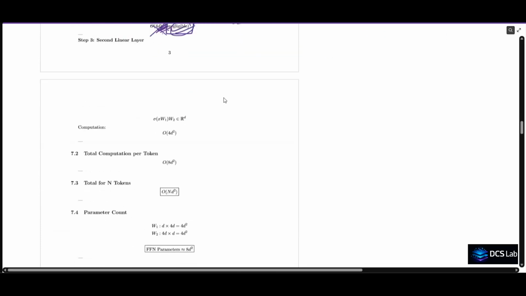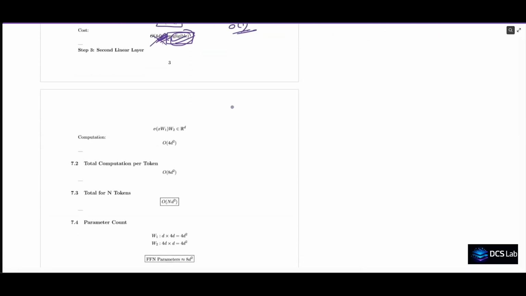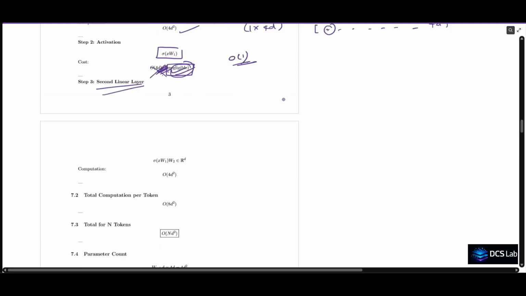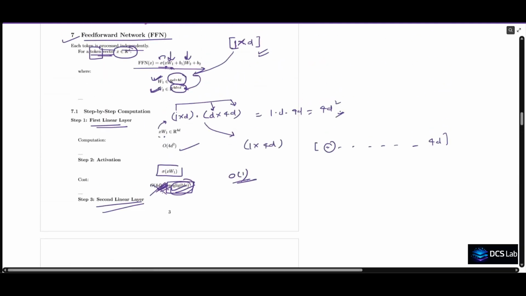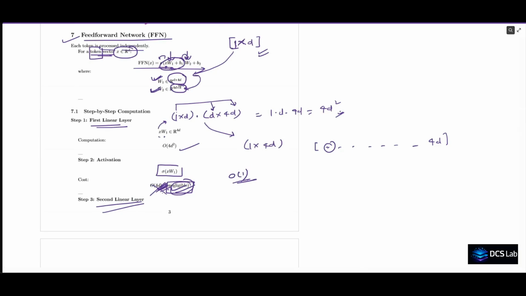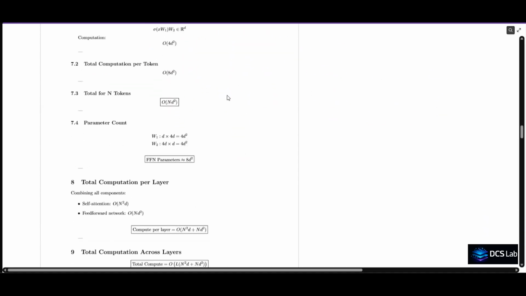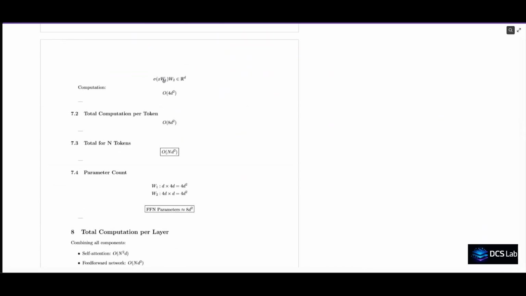What happens next? We have the second linear layer. Once you are done with this, whatever is the result, we have a dot product with W2 whose dimension is 4D cross D. So far, the dimension of the matrix you received is 1 cross 4D, isn't it?